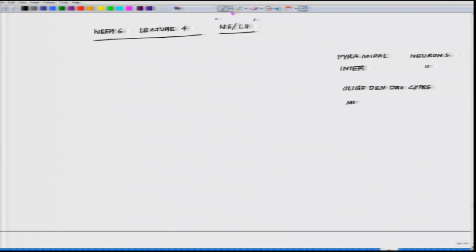You will have microglia, and you will have astrocytes.